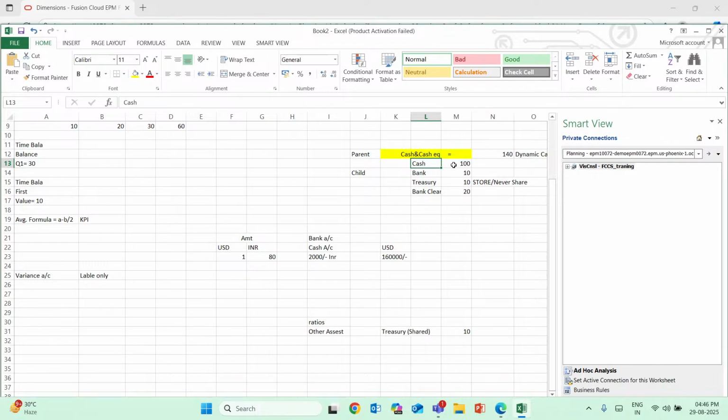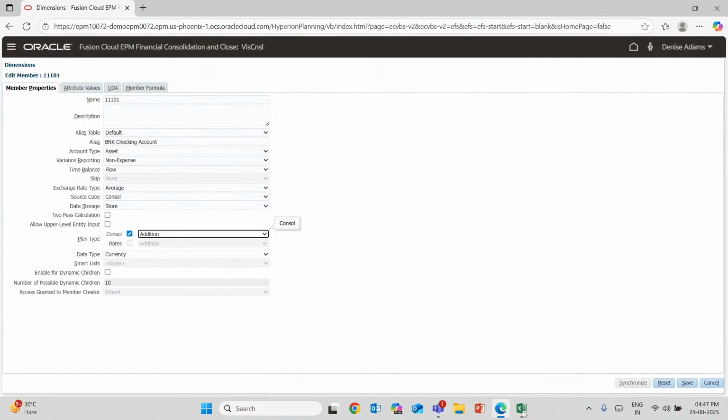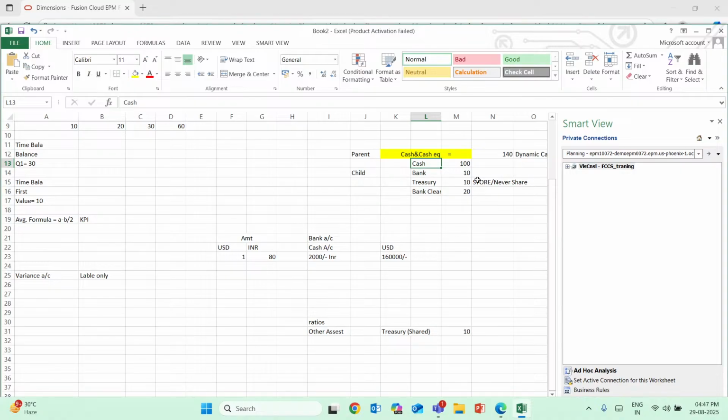That's why we use addition, because whatever value we have taken over here, we want it to add up to the parent level. And similarly, cash and cash equivalent is added into the current asset. So that's why we make all these an addition.